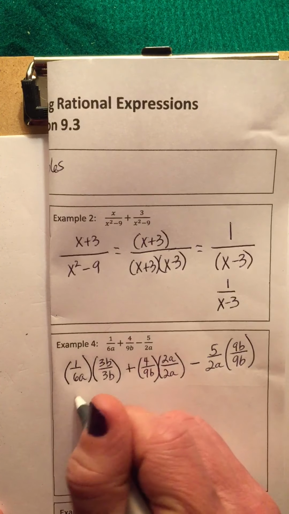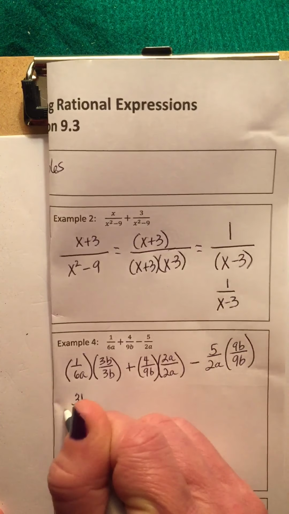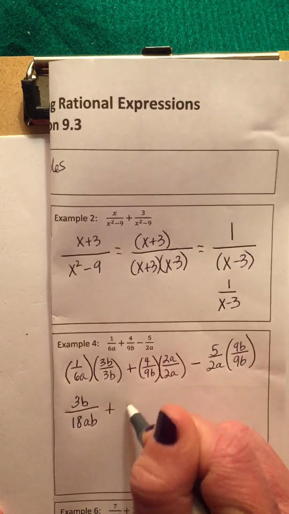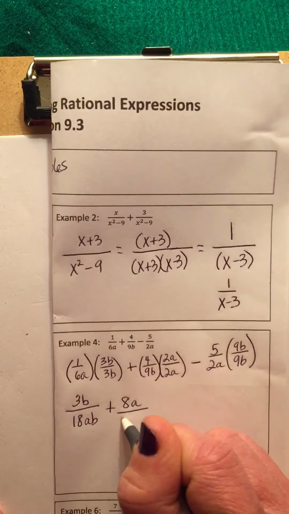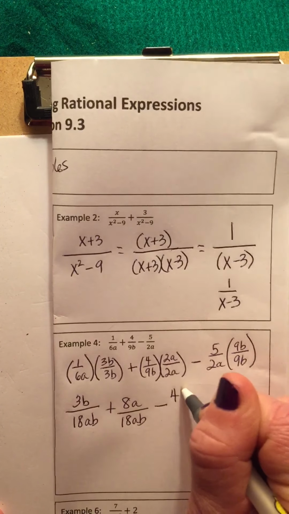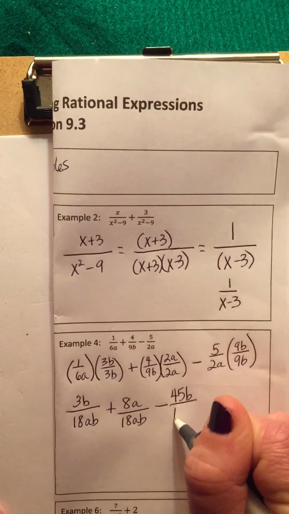Carefully multiply your fractions. So 3b divided by 18ab plus 8a over 18ab minus 45b over 18ab.